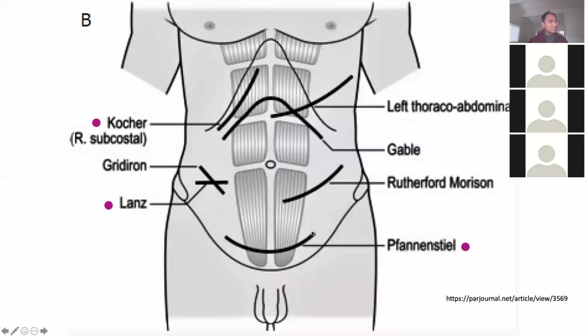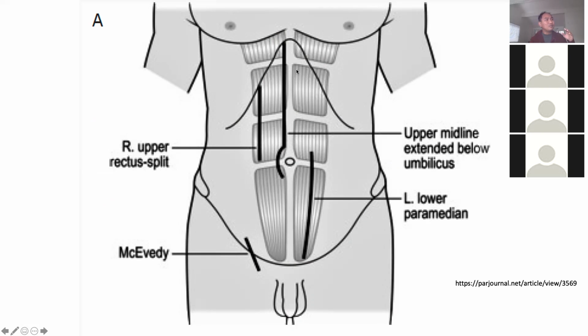The Pfannenstiel incision is along the skin crease, so the healing is much better, the scar is much better, and post-operative pain is much better. But the skin crease goes horizontally, and if we cut the skin in a longitudinal direction, then we are crossing the skin crease. It is a bit more painful, and the chance of wound gaping is higher. But why do we need to do that?